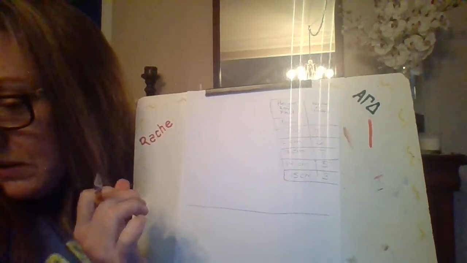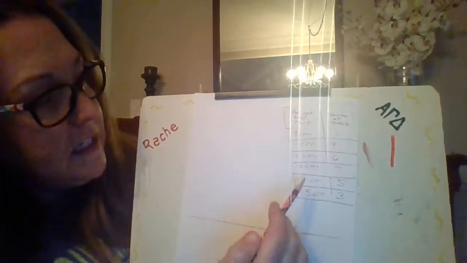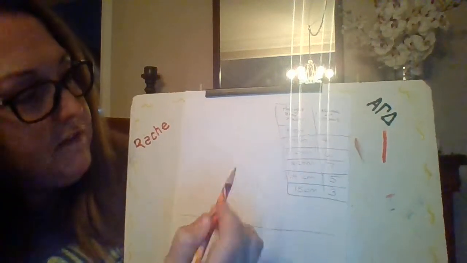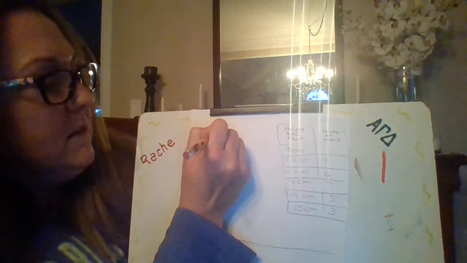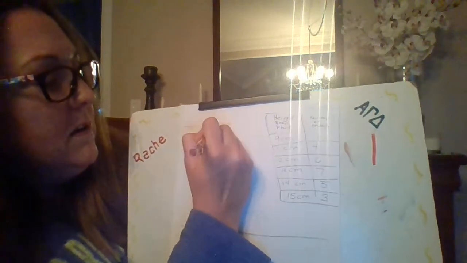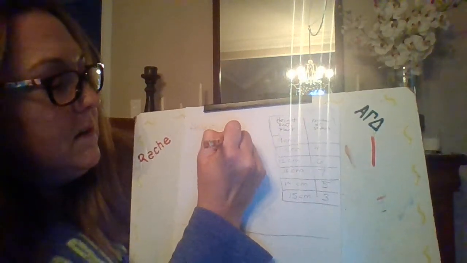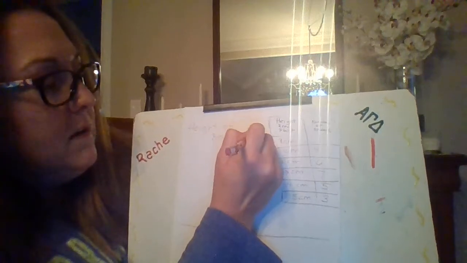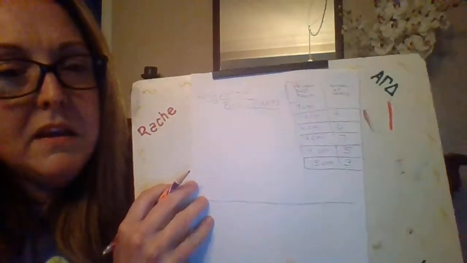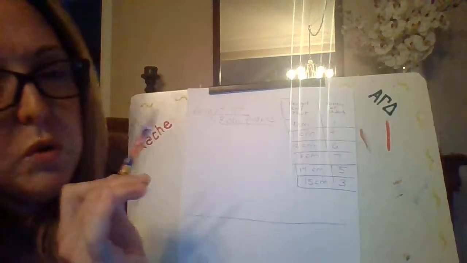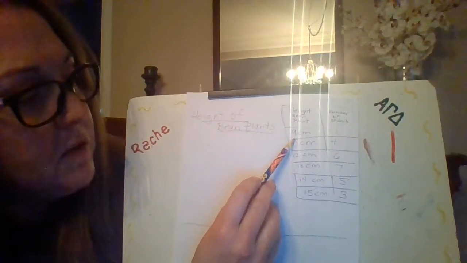So the title of this line plot is going to be the height of the bean plants.